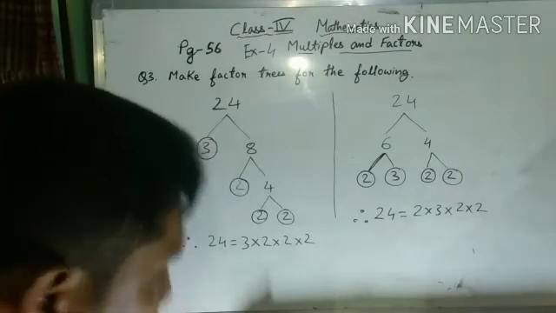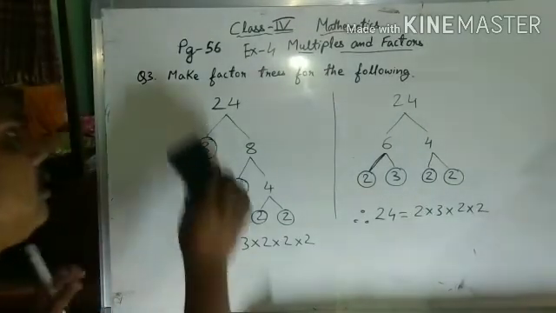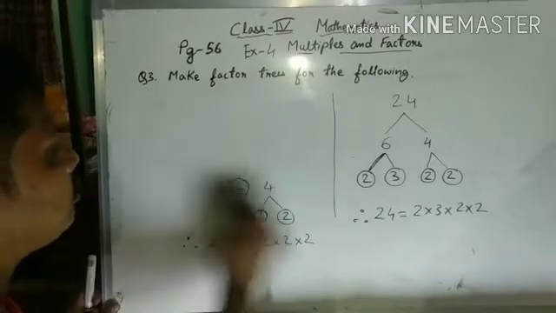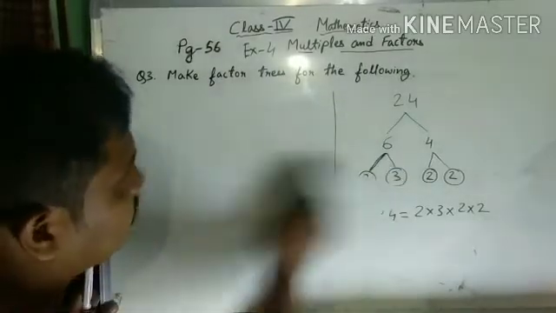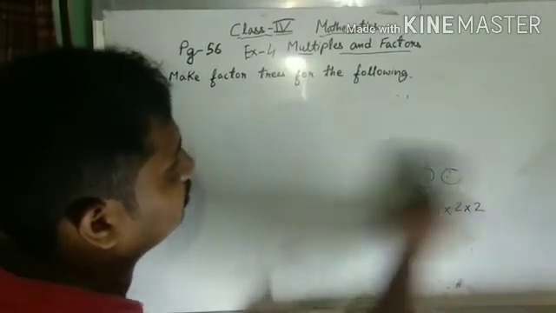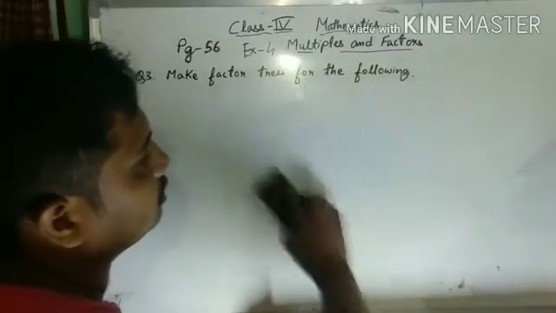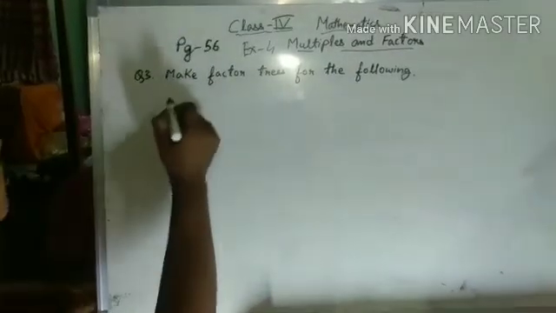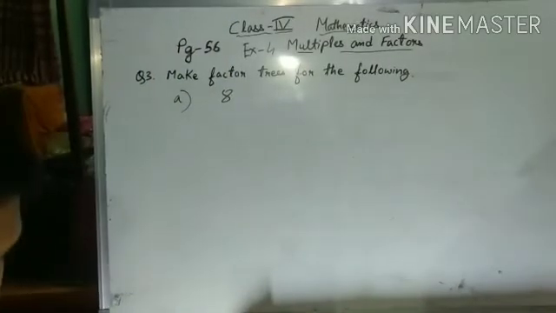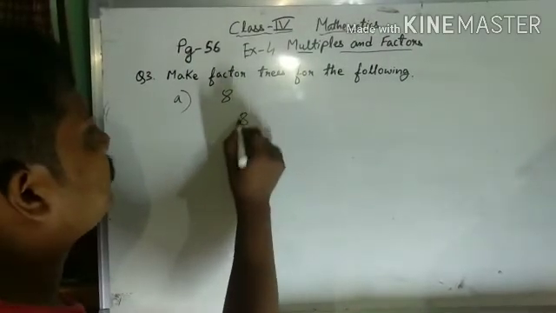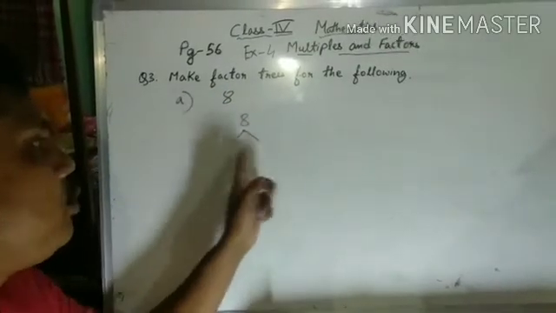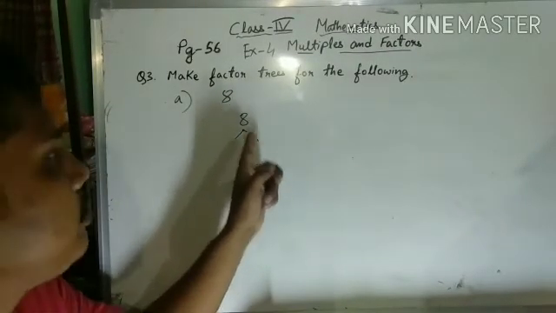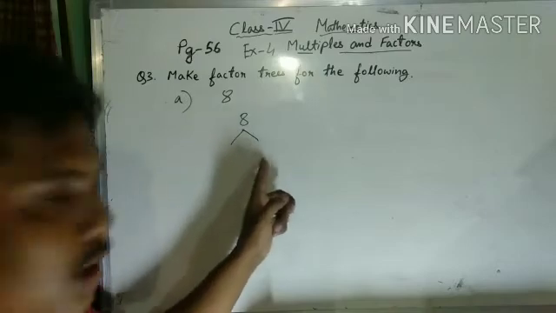Now we will start the question. So this was the example. Question number A in your book is 8. For that we have to write any two numbers whose multiplication is 8 but not 1.